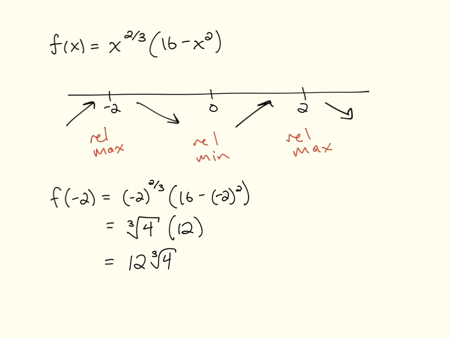So when we put in an x value of -2, the function gave us back a y value of 12 cube root of 4. So this is one relative max, -2 comma 12 cube root of 4.